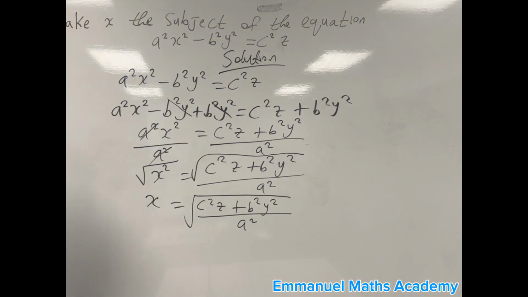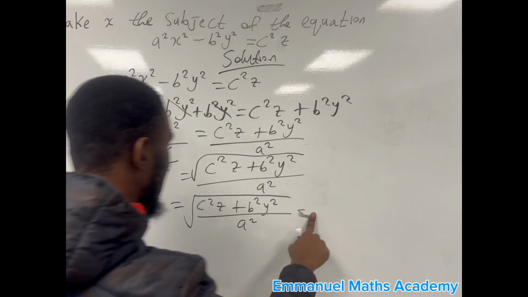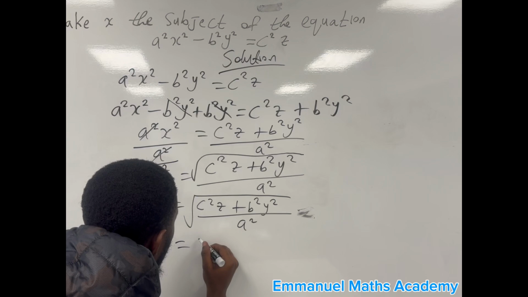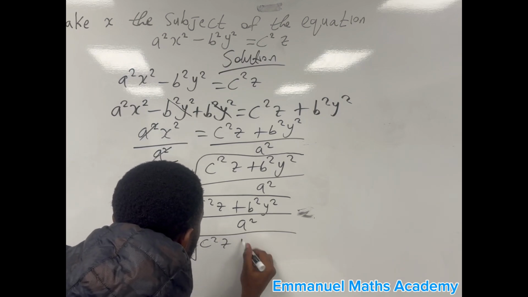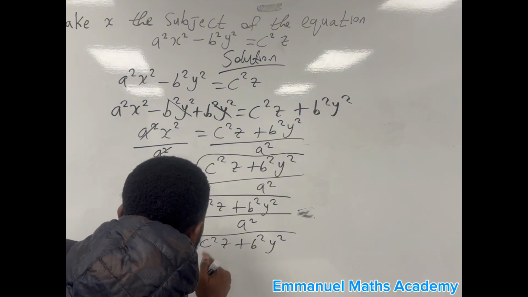Yeah, so x is equal to this, or you can actually separate both numerator and denominator. If you want to simplify further, x is equal to the square root of c squared z plus b squared y squared.